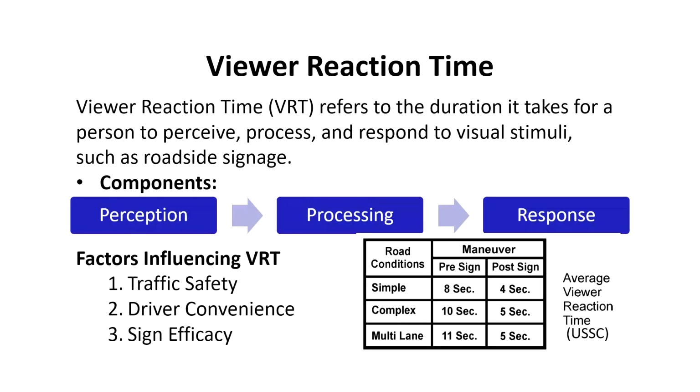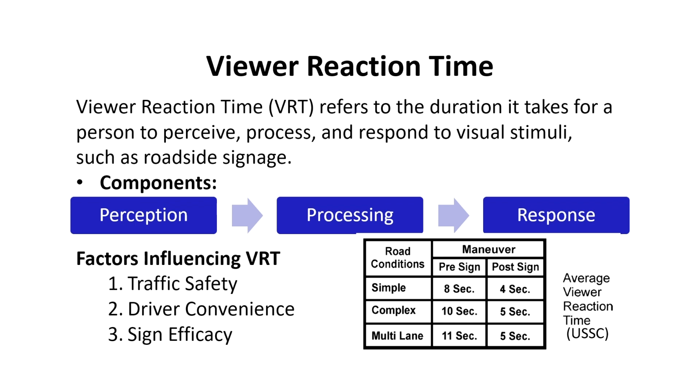Let's go to individual parts, that is, what is this viewer reaction time? We also call it VRT. This refers to the duration of time taken to perceive, process and respond to visual stimuli, such as roadside signages. It is a critical factor in road safety as it directly affects a driver's ability to comprehend and react to important information while driving.